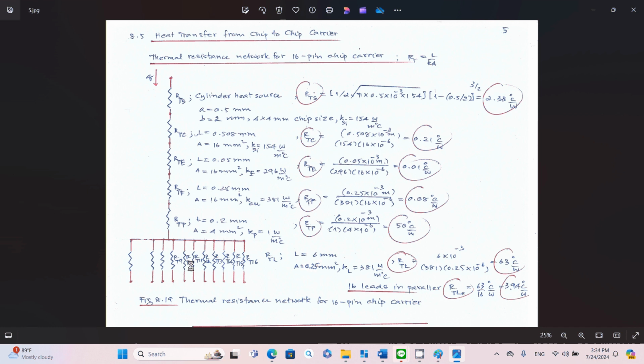Since you have 16 pins in parallel, the total thermal resistance of your 16 pins works out to be 63 divided by 16. That gives you 3.94 degrees Celsius per watt. I put this as the effective RT total of the 16-pin lead chip carrier, and later on you can find your junction temperature at each contact.